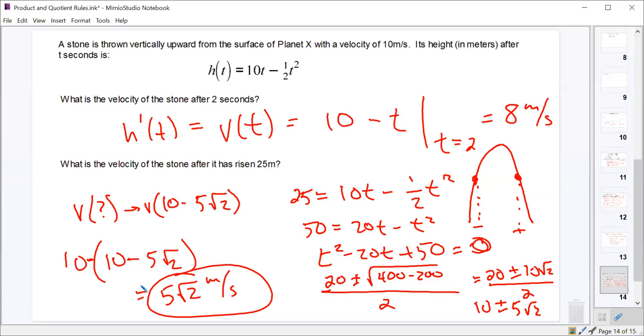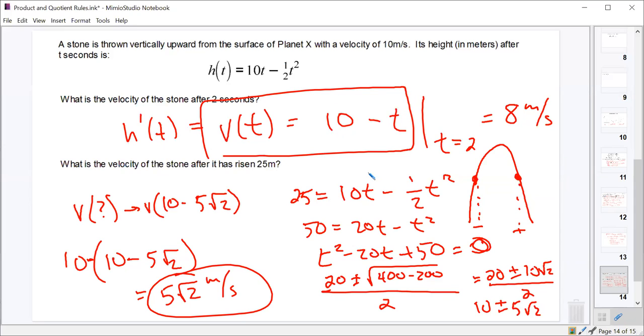Wait, why is it 10 minus 5 root 2? Because our velocity function itself is 10 minus t. We're looking for the velocity, so we have to use the velocity function, which was the derivative of our h function. Velocity was 10 minus t.